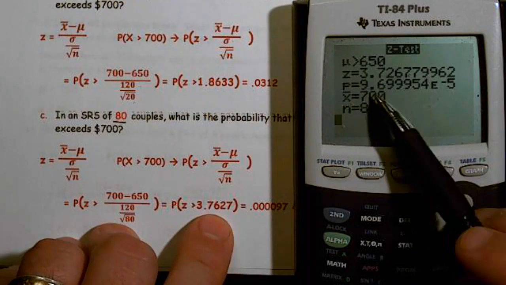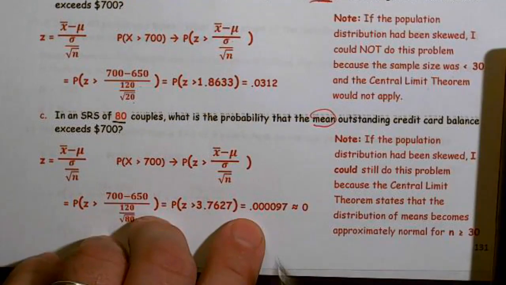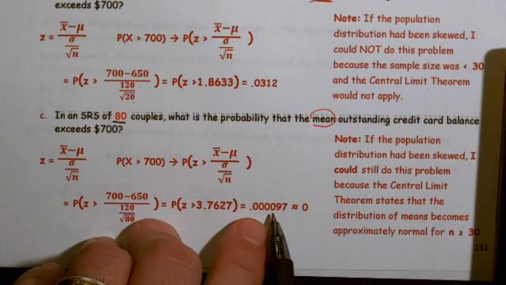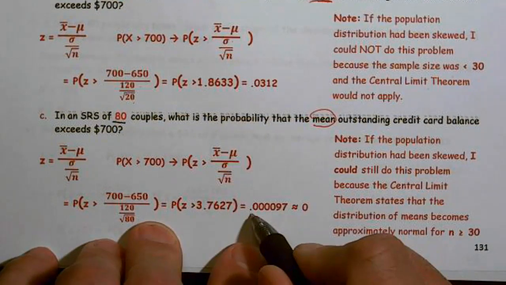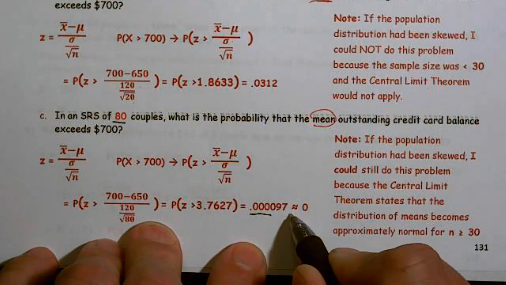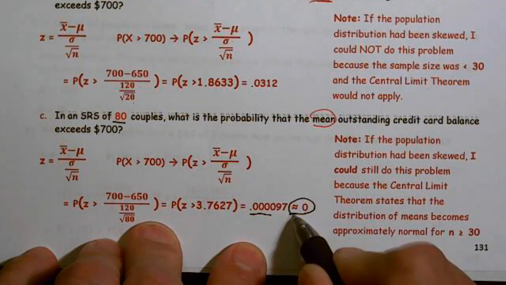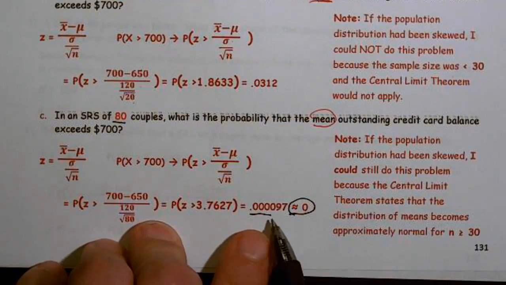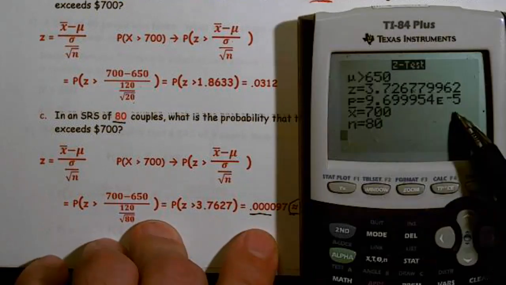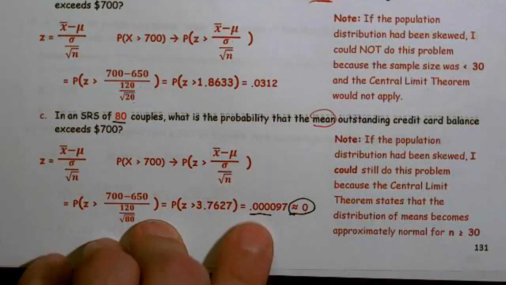I have a z of 3.76, and I end up getting 0.00097. My rule of thumb is if you end up with 4 zeros, you can just put approximately 0. Here I showed it, but really we only need that. And notice I have the -5, which means I have 4 zeros out in front.